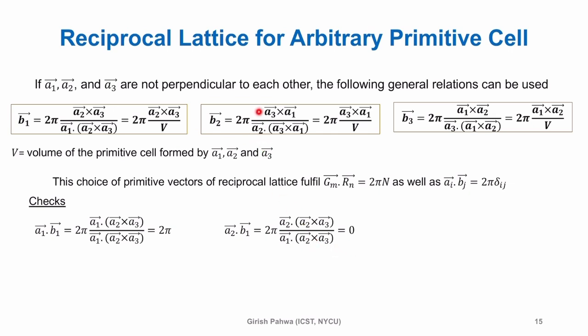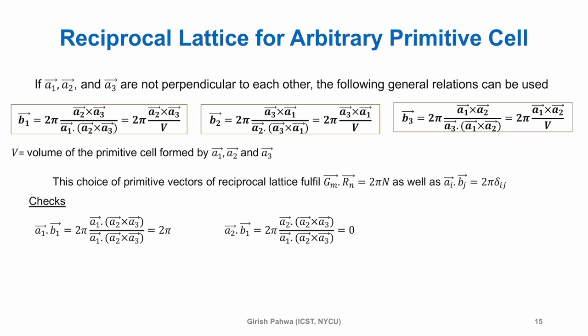Because if you do A2 dot product of A3 cross A1, that's going to be 0. Why? Why will this term be equal to 0? Can you tell me? A2 cross A3 dot A2 is 0. Okay, what's the direction of A2 cross A3? It's a cross product, and a cross product gives you a vector, right? But what will be the direction of that vector? Perpendicular to the plane which contains A2 and A3.